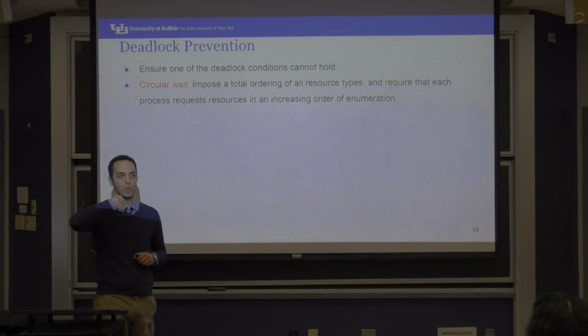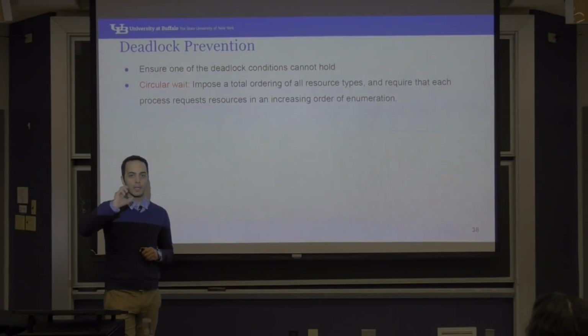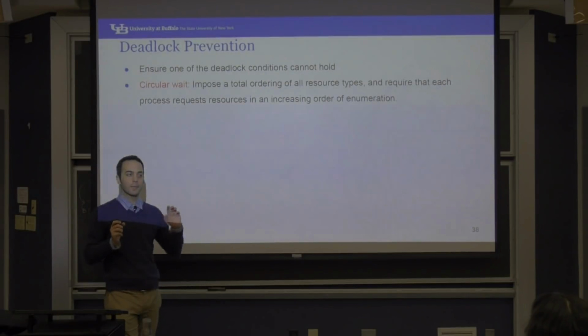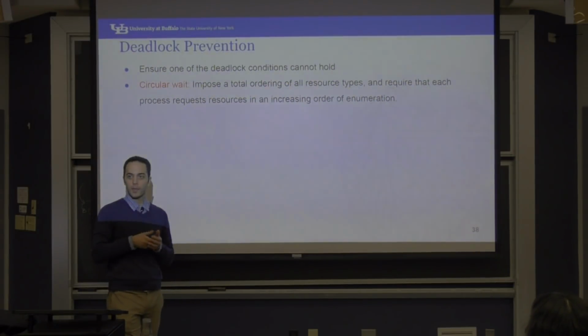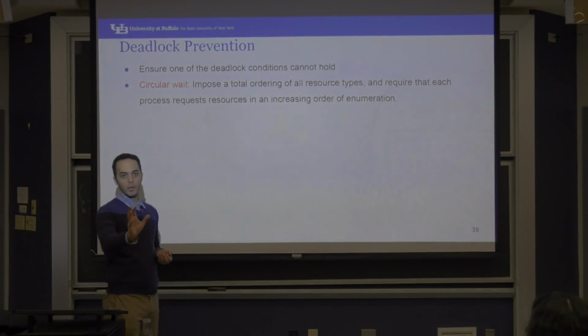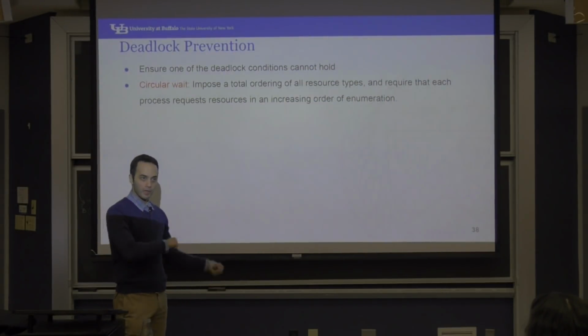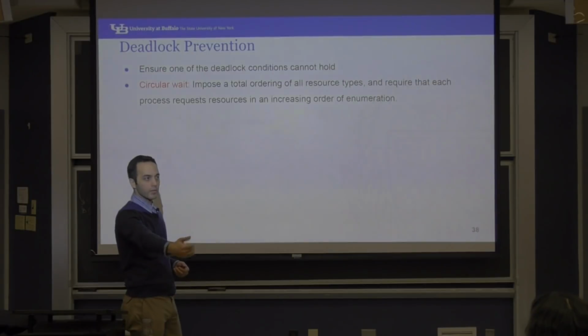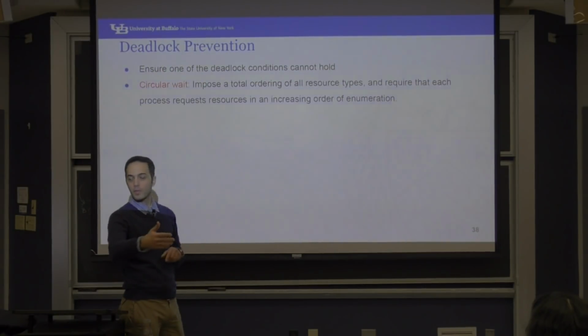Now, if you remember the dining philosopher problem, this is the exact thing. I was going for my right fork, then my left fork, and I considered myself as one of them.